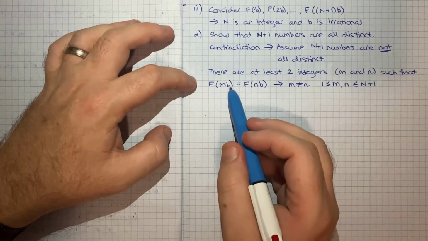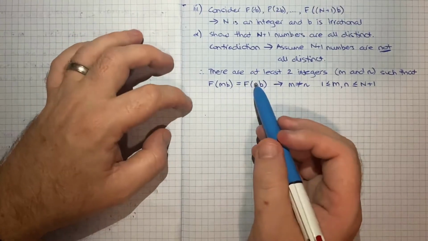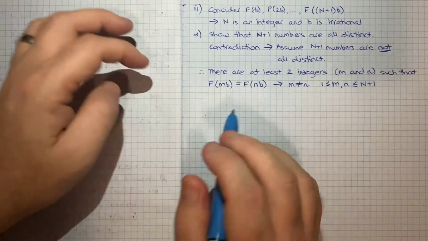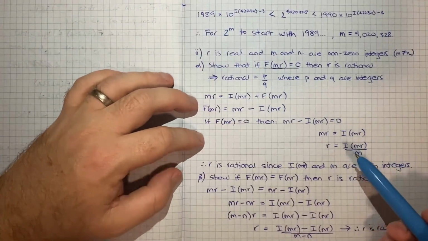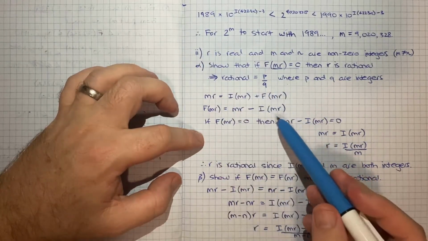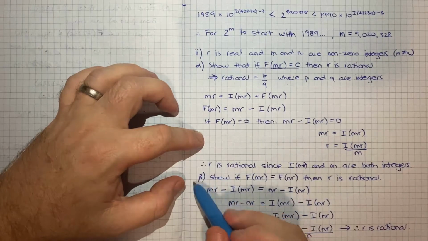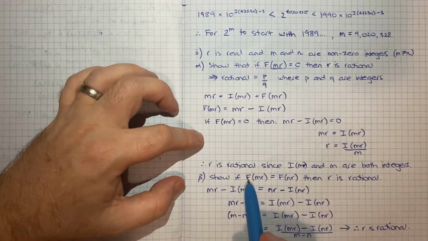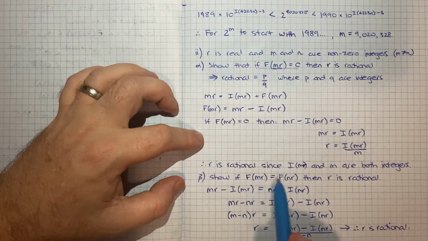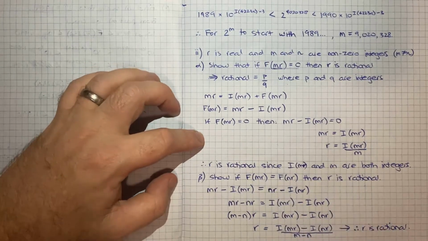Alright, so now at this point we can see almost the purpose of why the question writers got us to do part 2, because remembering from part 2 we were asked to show a few things, and particularly in part B we were asked to show that if the fractional part of two numbers, mr and nr, are equal, then r must be rational.